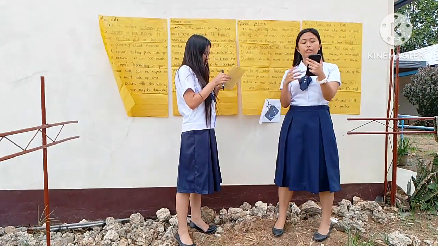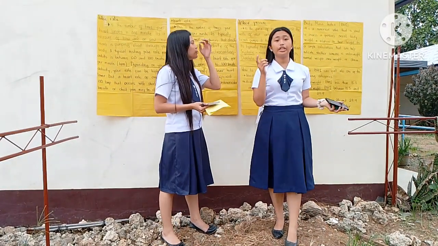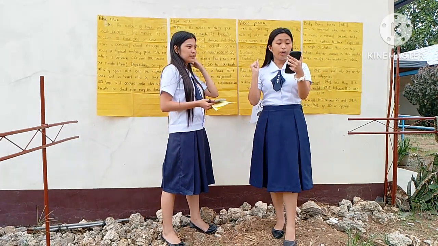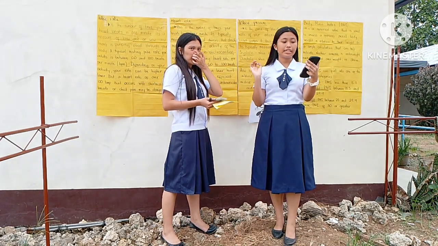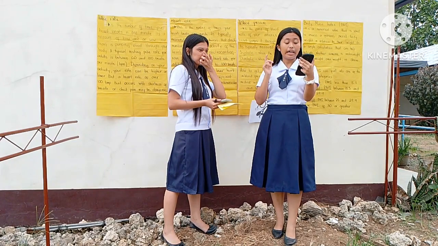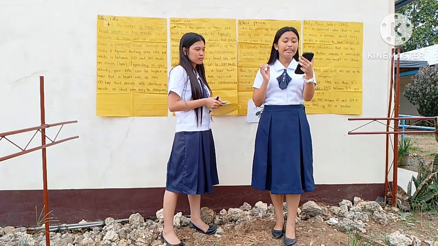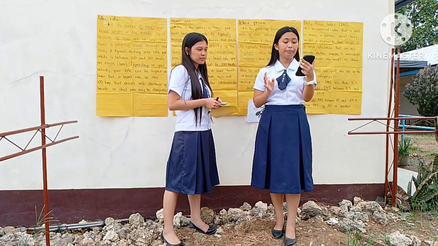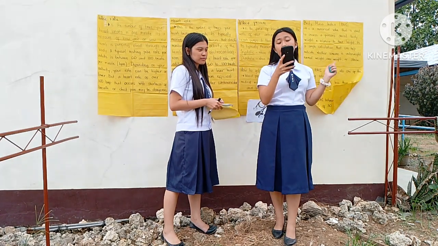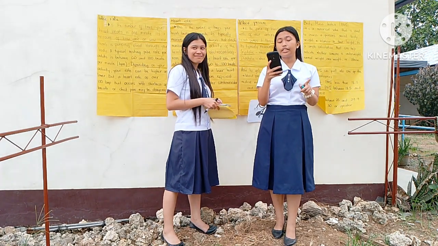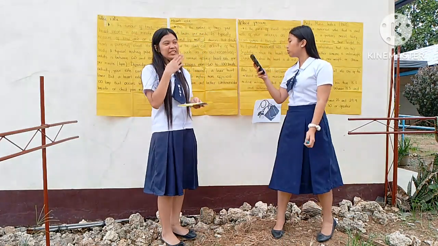For blood pressure, normal blood pressure is around 120/80, while 140/90 is high blood pressure, and 90/60 is low blood pressure. Low blood pressure may cause dizziness and other problems.